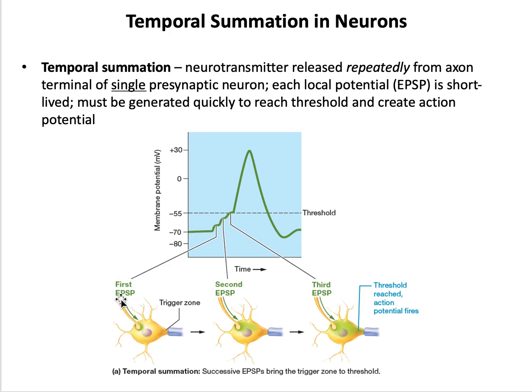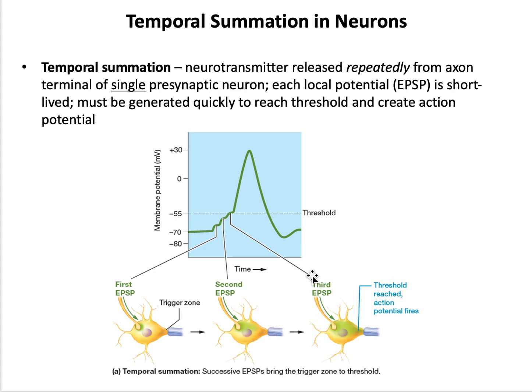Maybe it only fires once, and we get a little bit of neurotransmitter released, and so a little bit of depolarization on the postsynaptic cell. But say that same presynaptic axon terminal fires like 5 times. Well, we get a larger EPSP happening, but still no action potential.